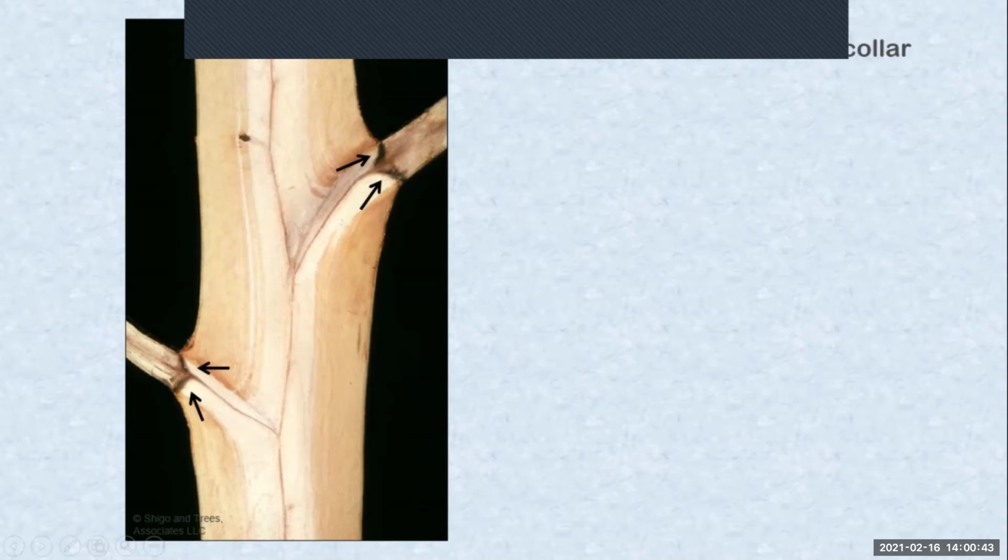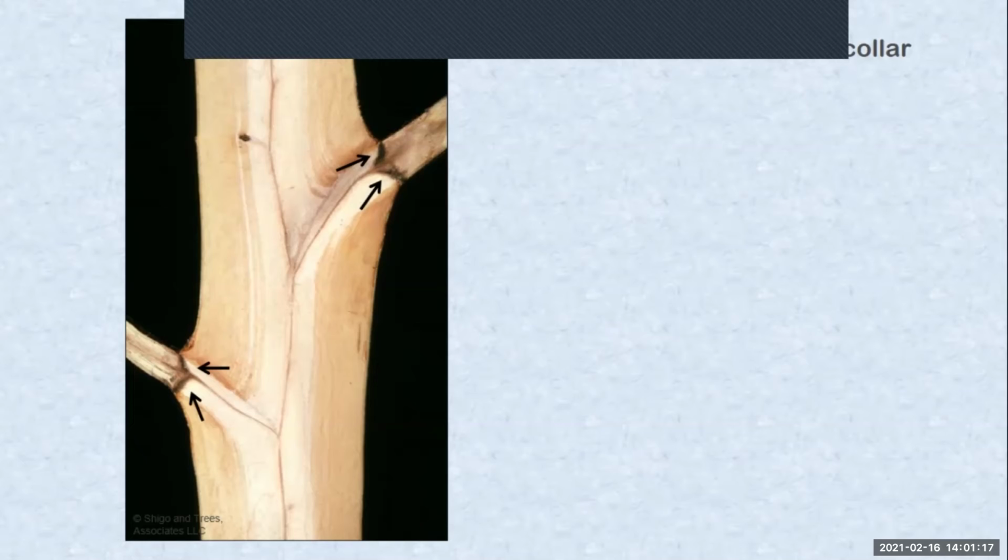You have a branch protection zone within the collar. This branch protection zone in this collar area is an area which has properties that help to protect the trunk from invasion by decay fungi.